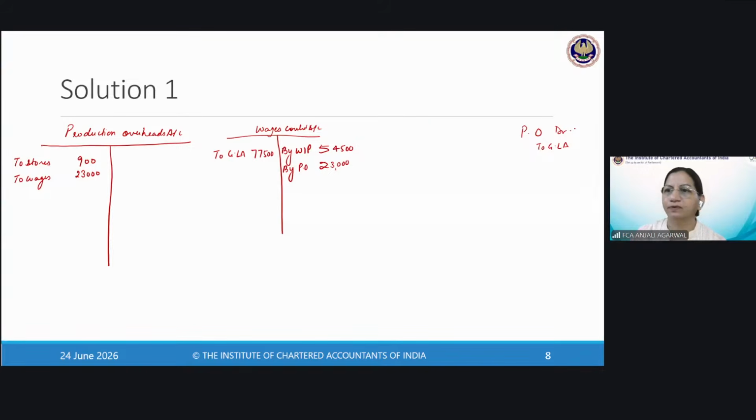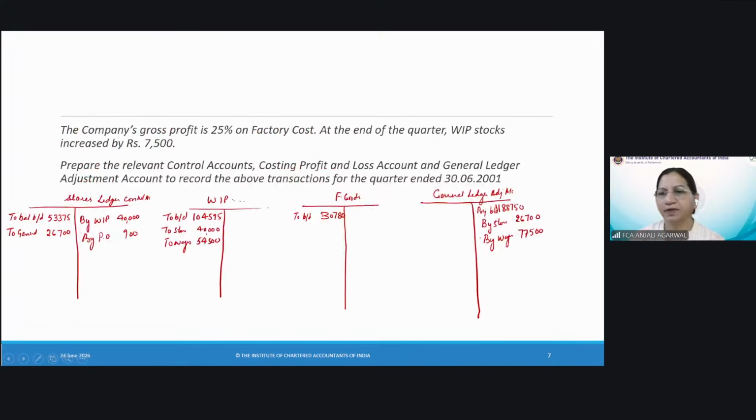So production overhead will be debited to general ledger adjustment account, 95,200. And general ledger adjustment account will be credited by production overheads, 95,200. So you see, whenever an actual expenditure is happening, we are taking it all to the general ledger adjustment account.